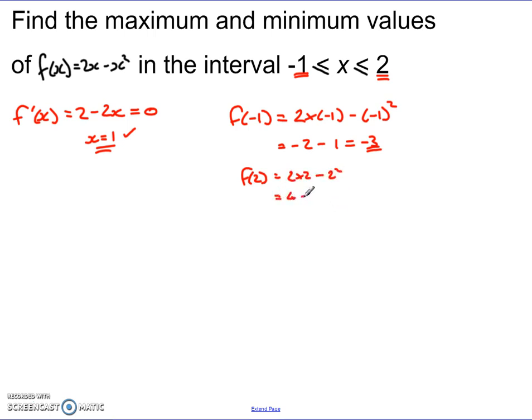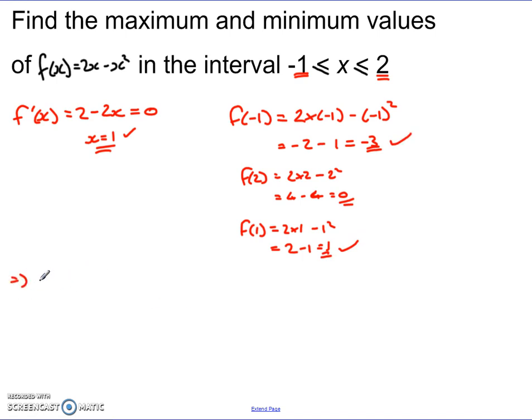So that's 4, well, take away 4, that's 0. So I know my value at f of 2. The last one I do is the stationary point, the turning point. So I do f of 1. So I do 2 times 1, take away 1 squared. So I've got 2, take away 1, which is 1. So from that, I can read off my maximum and my minimum. My minimum is -3, my maximum is the 1.